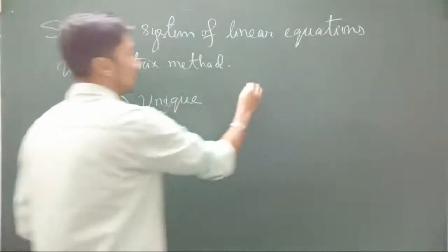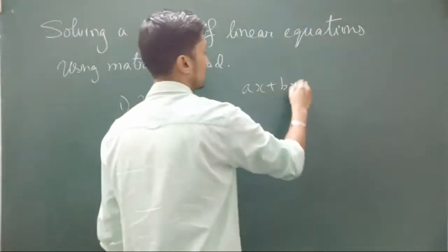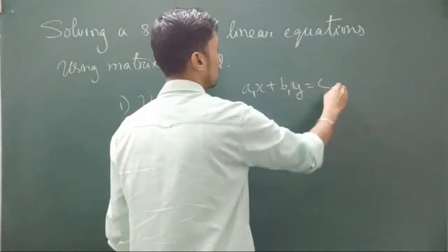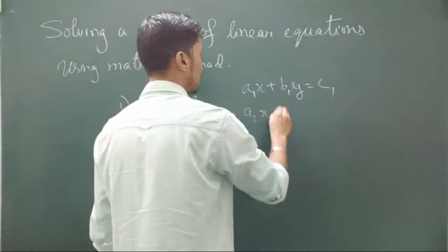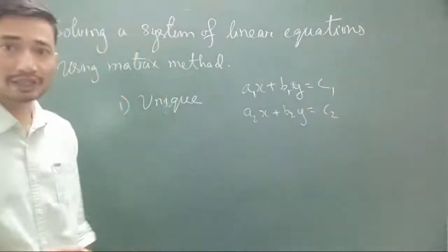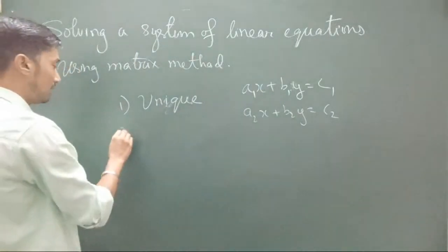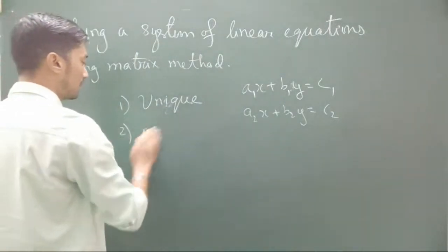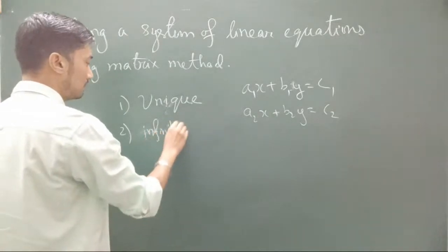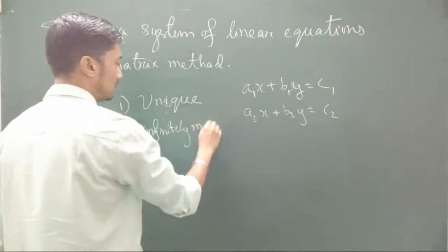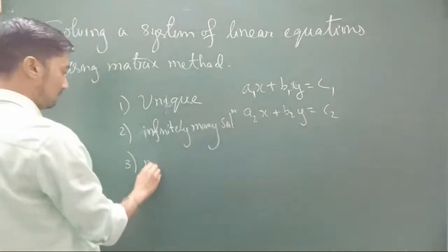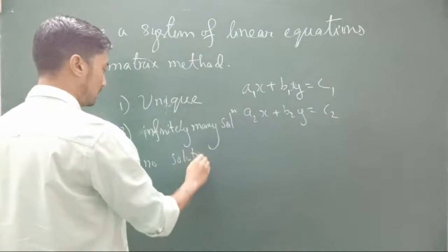For example, a pair of linear equations, ax plus by equal to c, a1x plus b1y equal to c1, a2x plus b2y equal to c2. This pair of linear equations either can have a unique solution, can have infinitely many solutions, or they can have no solution.